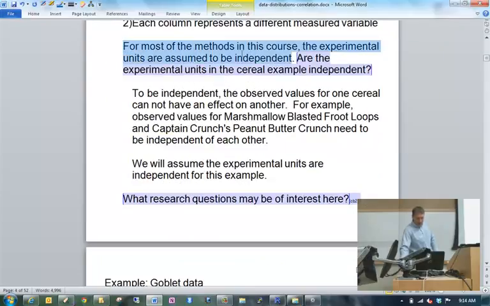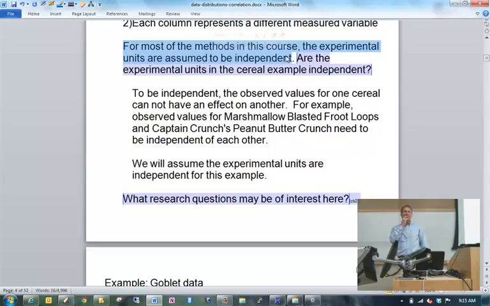And often in statistics, we have to worry about independence from one observation to another. So do you think we have independence here between the experimental units? I hear some yeses.